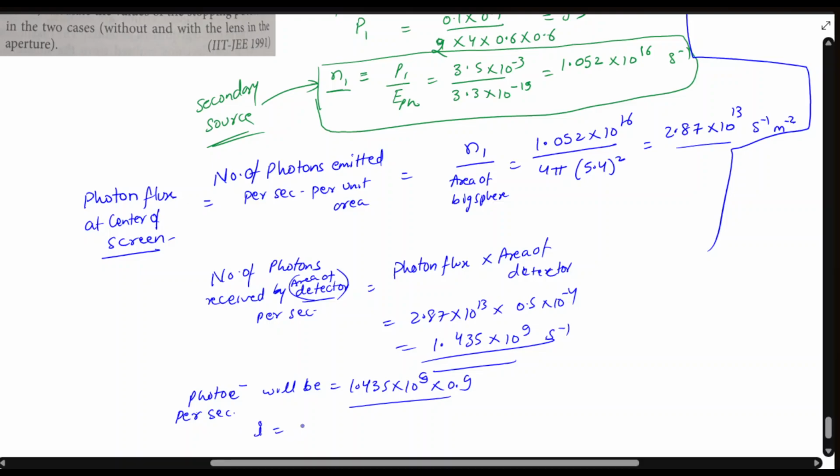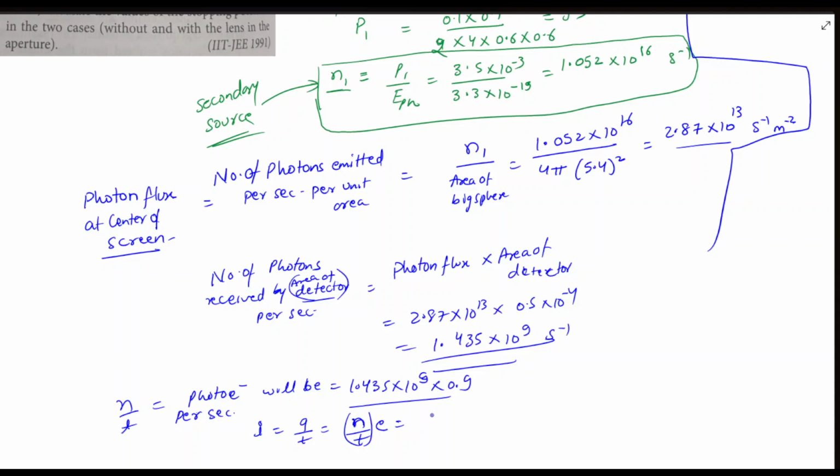So we know current is Q upon T, and Q is N into E, so this is actually N upon T, and we have to multiply it by 1.6 into 10 to the power minus 19. So we'll multiply 1.435 into 10 to the power 9 into 0.9 into 1.6 into 10 to the power minus 19.